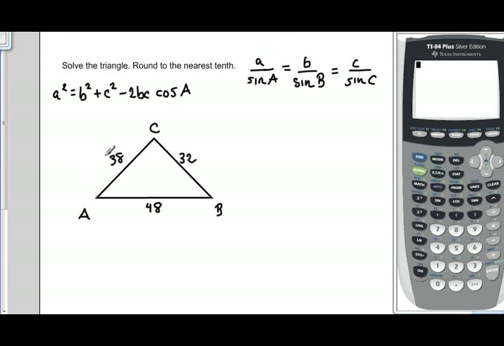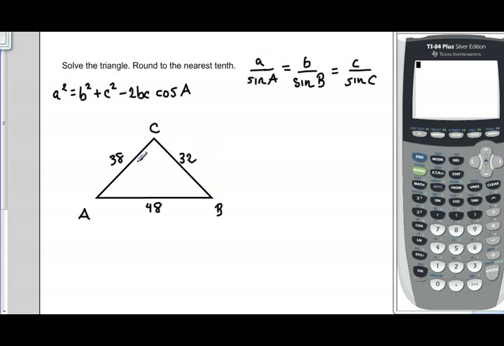All right. What we're given in this problem is that side a is 32, side b is 38, and side c is 48. Now, the law of sines is a little bit easier to use than the law of cosines. However, it should be noted here that there's no way we can use the law of sines to find any of our angles, because in order to use the law of sines, you need an angle and the side opposite it.